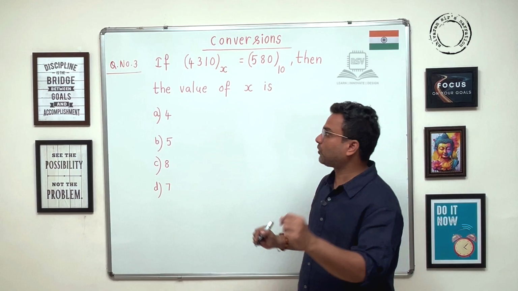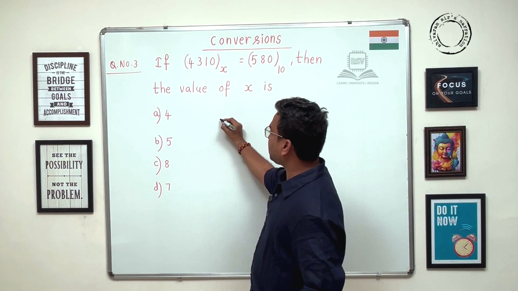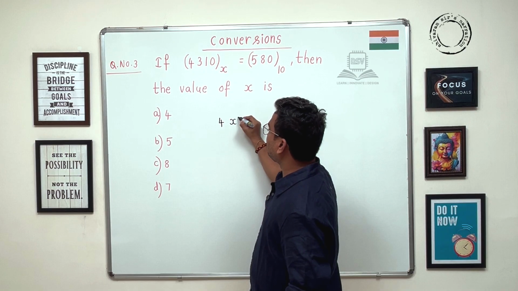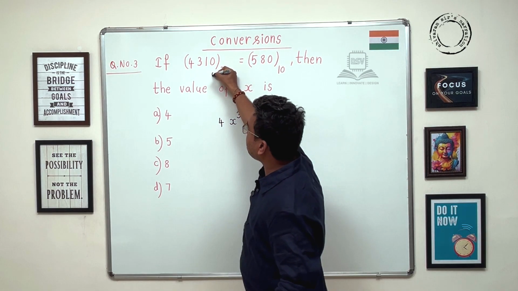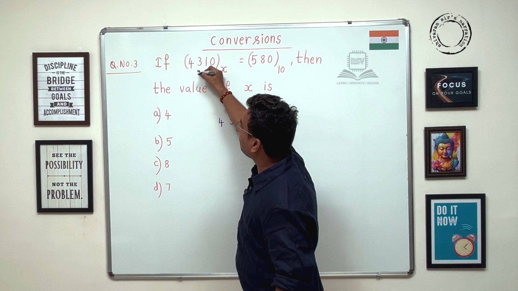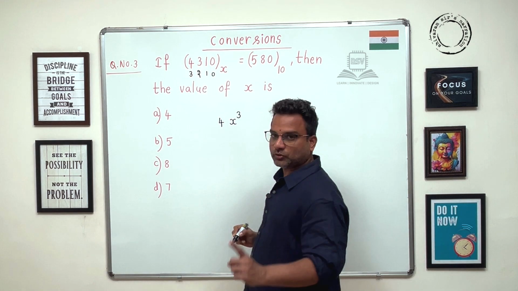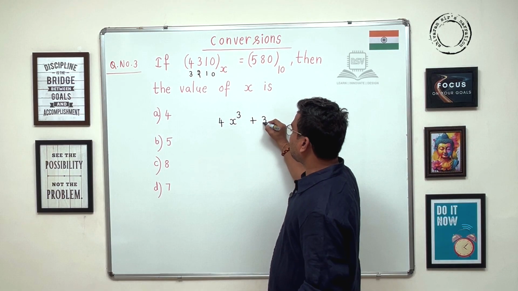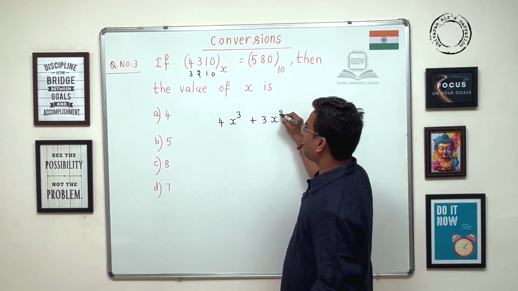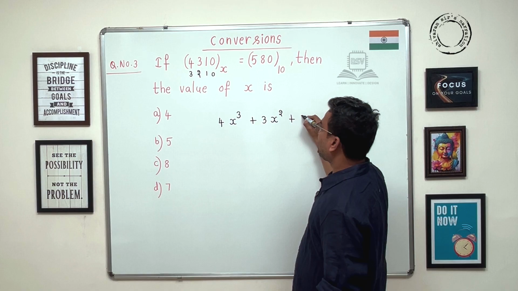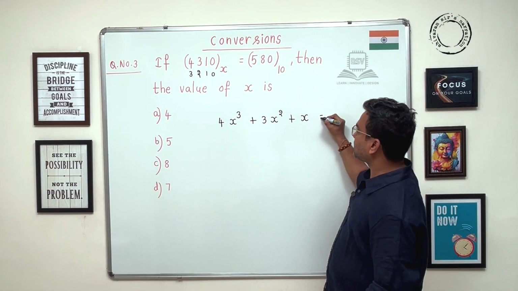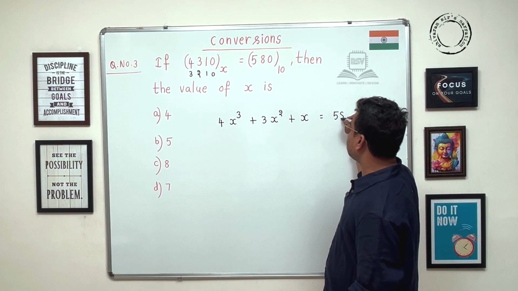That's it. So here this can be written as 4x cube, because this is 0, 1, 2, 3. So 4 into x cube plus 3x square plus x is equal to 580.